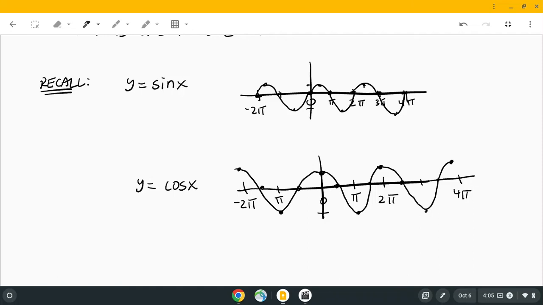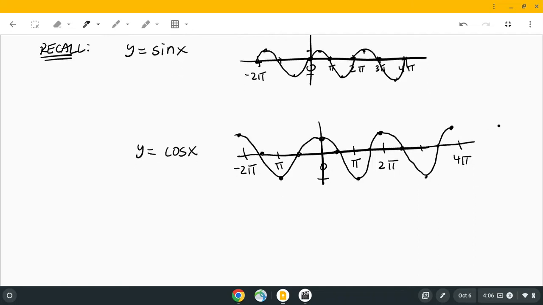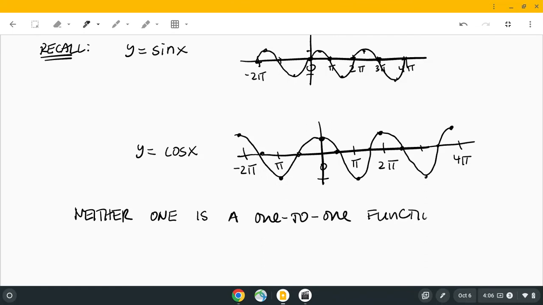Okay, so we see that both of these are not one-to-one. Let's write that down. Neither one is a one-to-one function because they don't pass the horizontal line test.